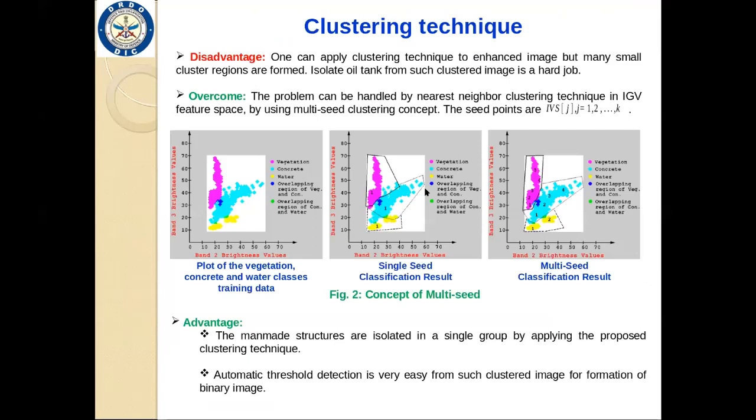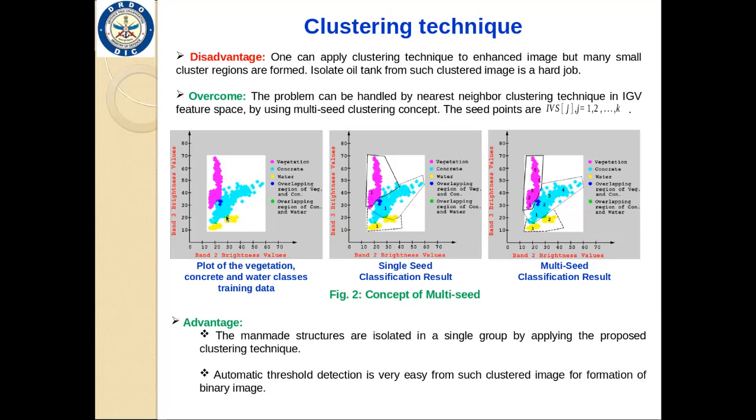then we are applying the multi-seed clustering technique. Here I am giving one example of the multi-seed technique, which I have published in the IEEE Transactions on Systems, Man, and Cybernetics. This particular example has vegetation, concrete, and water body classes.